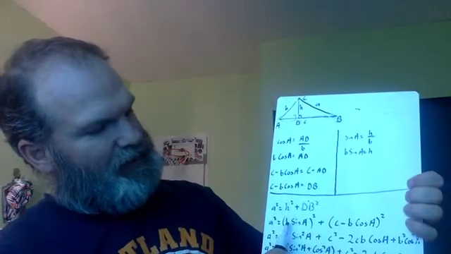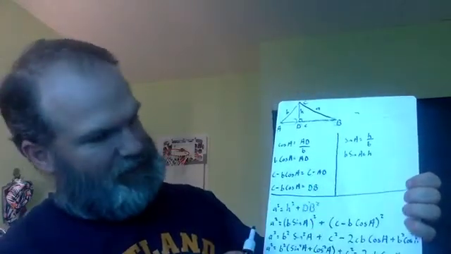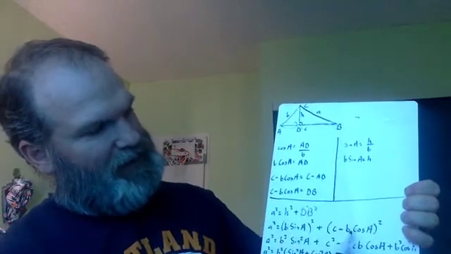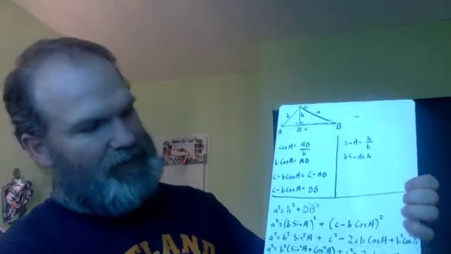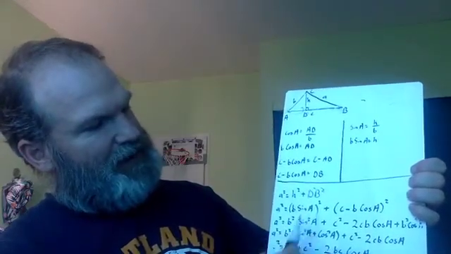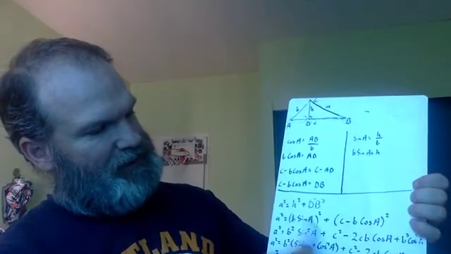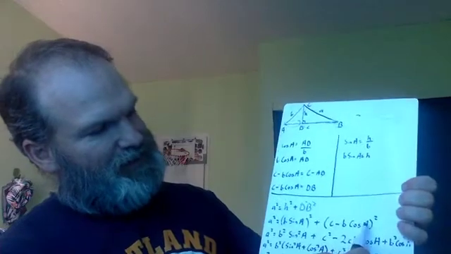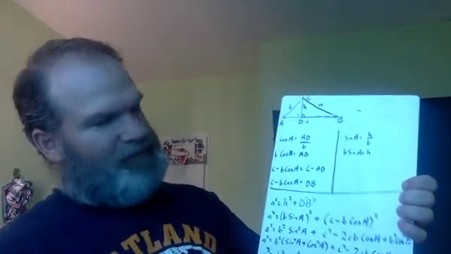So for h, we're going to have b sine a, the whole thing squared, because that's what h is equal to. And for dB squared, we're going to put in c minus b cosine a and square the whole thing. Now when you square b sine a, you're just squaring each one of them individually. So it's b squared and sine a squared. When you square this, that's the FOIL method.